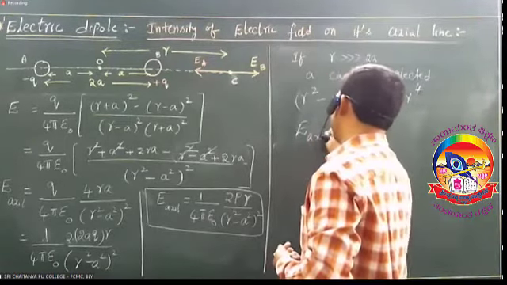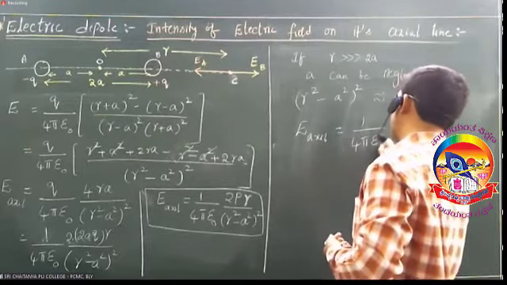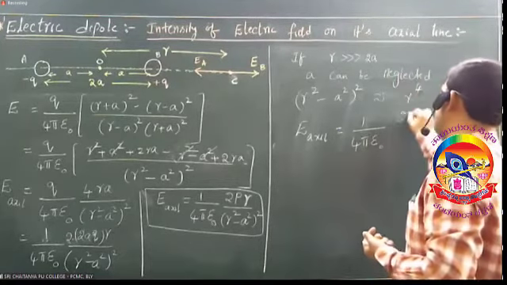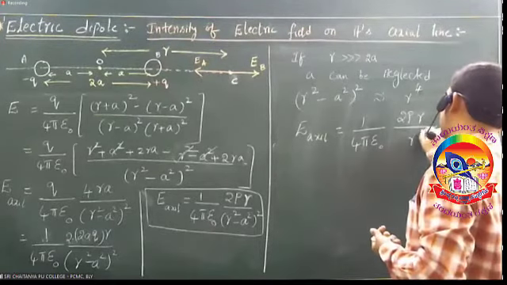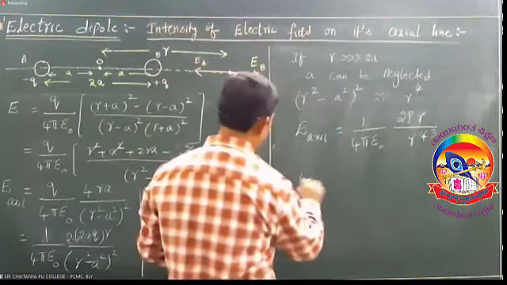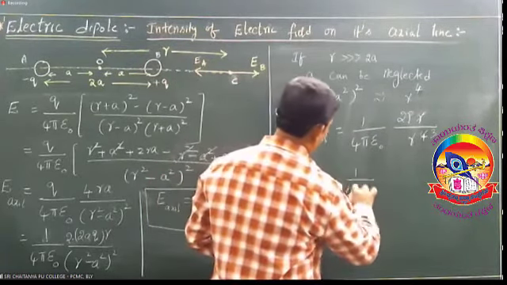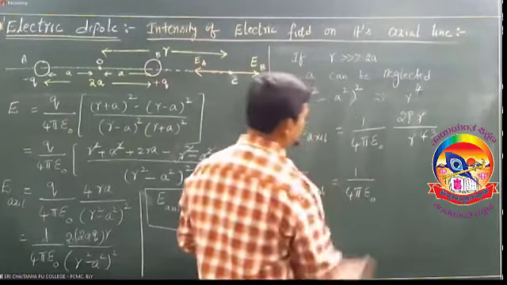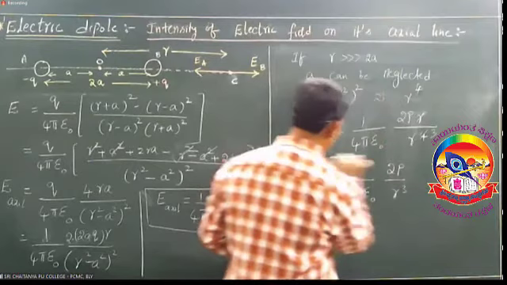E axial is 1 by 4 pi epsilon naught 2pr by r power 4. One r cancels out. So what is the final formula? E axial is 1 by 4 pi epsilon naught 2p by r cube.